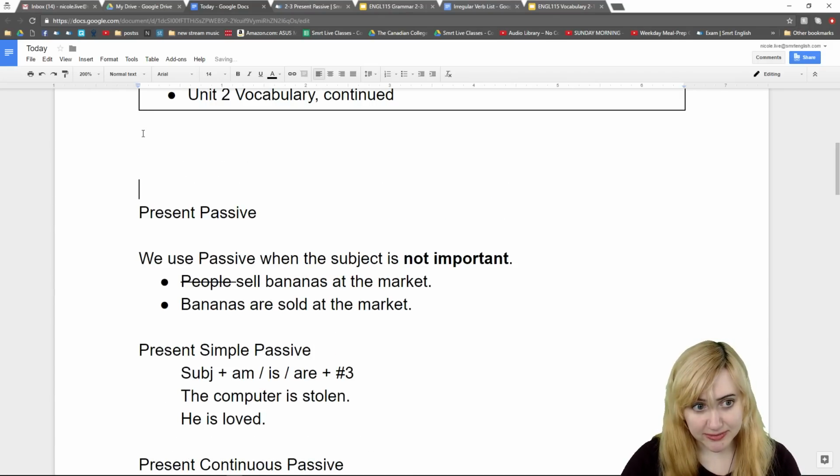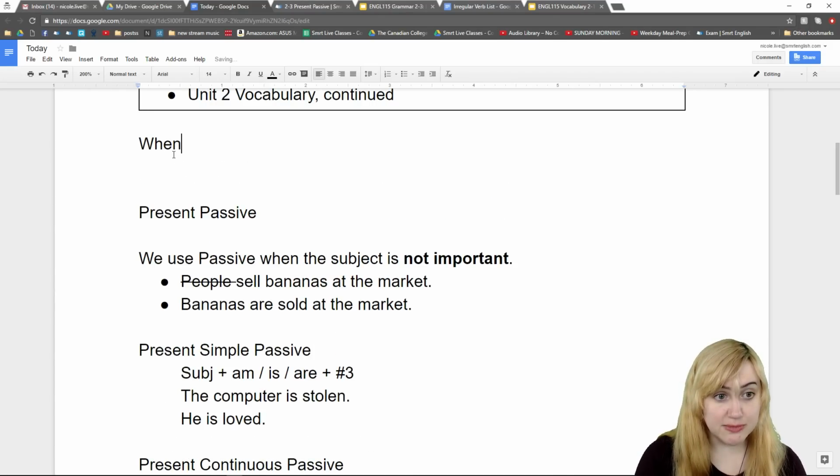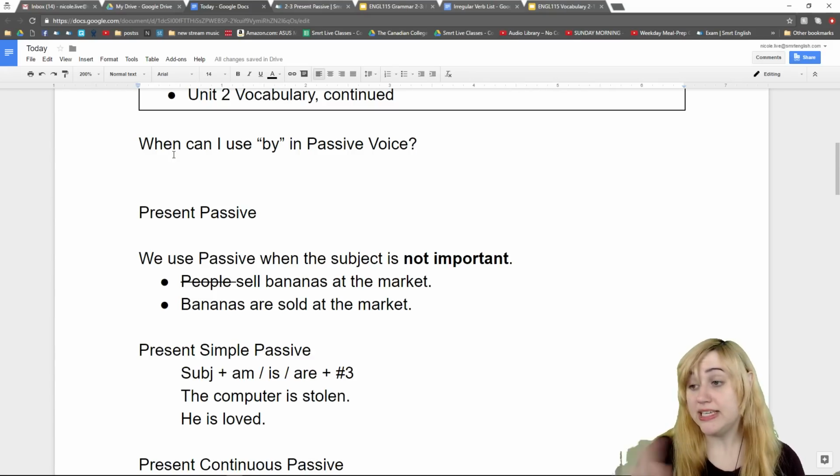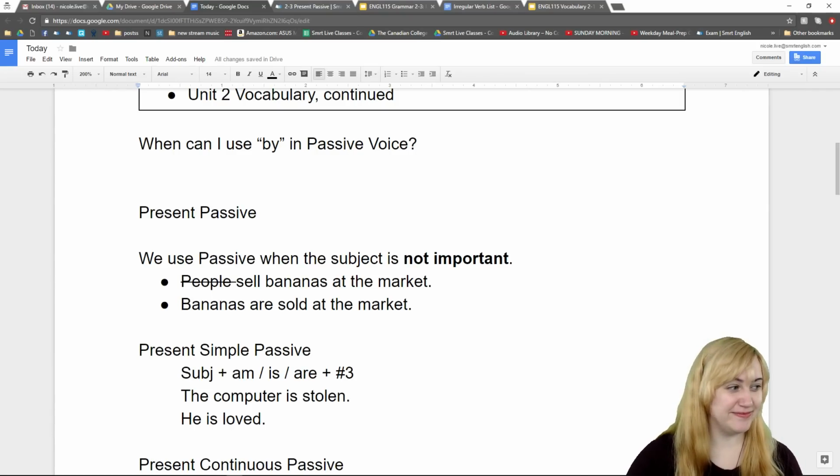Let me write that here: when can I use by in passive voice? So we'll talk about this more in a few minutes, but you can use by in any sentence for passive voice. I'll explain more in just a minute, so I'm going to keep that question.